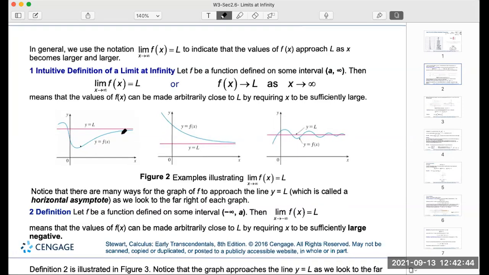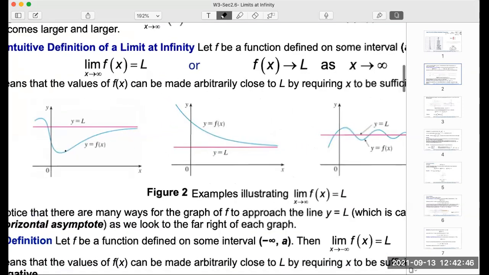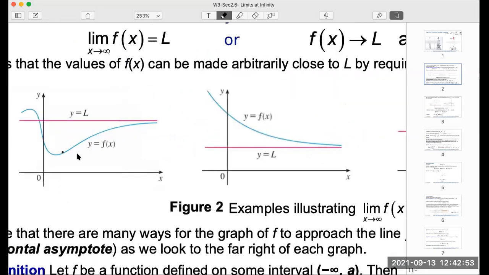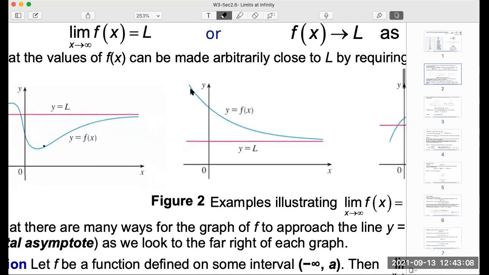Very good. And there are different situations. In the first case here, when x becomes very large, f of x approaches this line, right? This is another example, below this value, or it may approach from above, and it comes closer and closer to y equal to L, right?